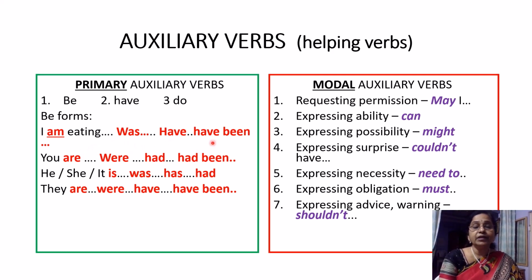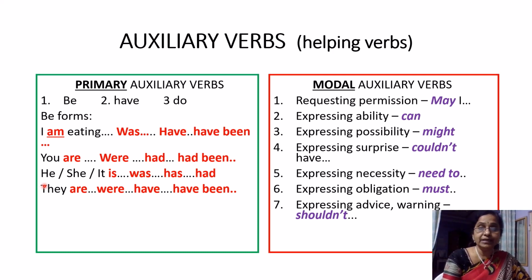And in the present perfect continuous, it changes like I have been eating. So like that, the be form changes. And the second person, you: for you, the be form changes like you are, you were, you had been in the past perfect continuous.